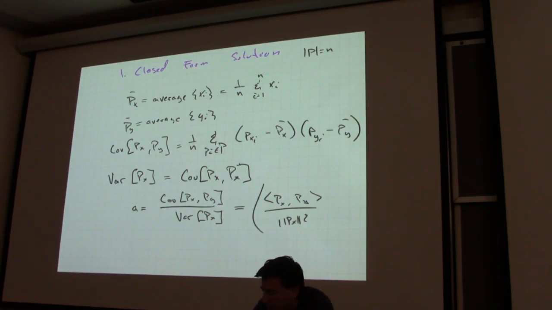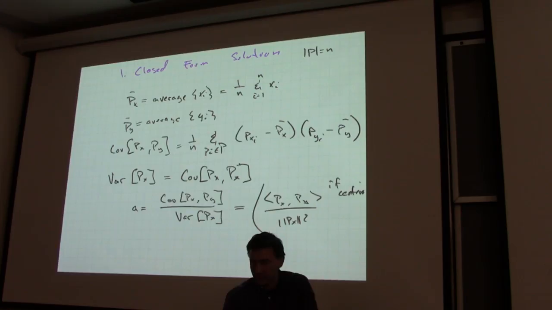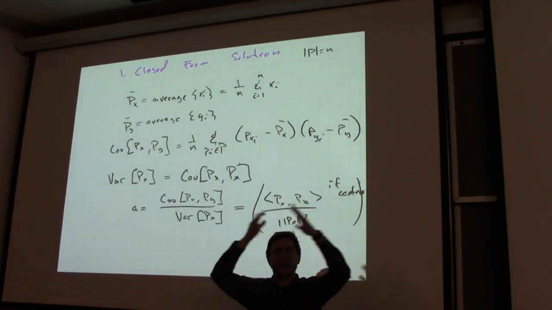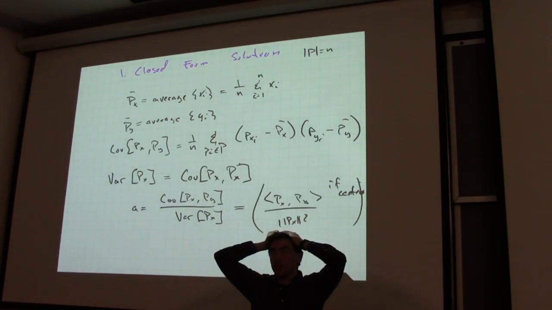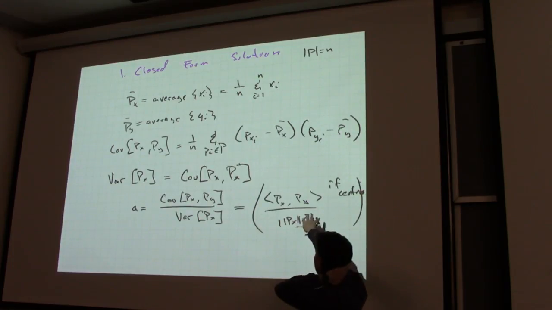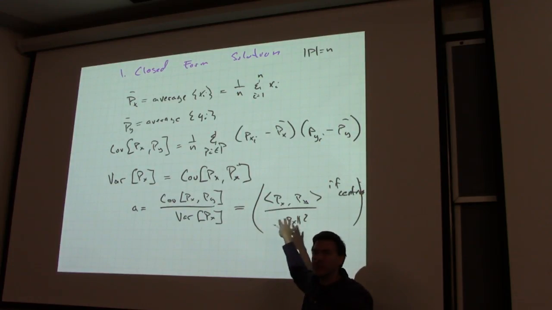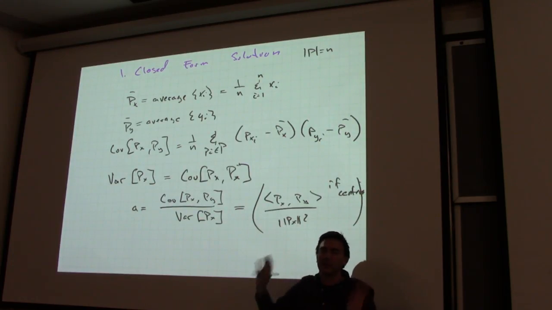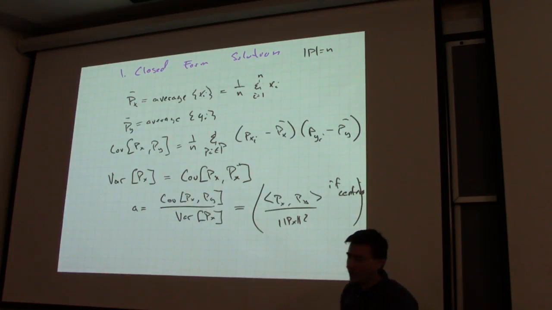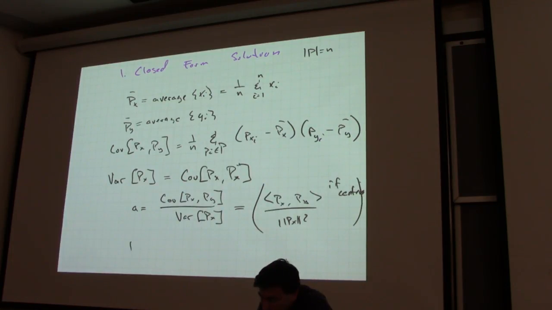This is true if I've subtracted out the center, so if I subtracted out the mean, so the average of each coordinate is 0, then it's equivalent to this term. And we'll see something that looks like this in a second. So this is the solution for a, and then b is just going to be P_y bar minus a times P_x bar.